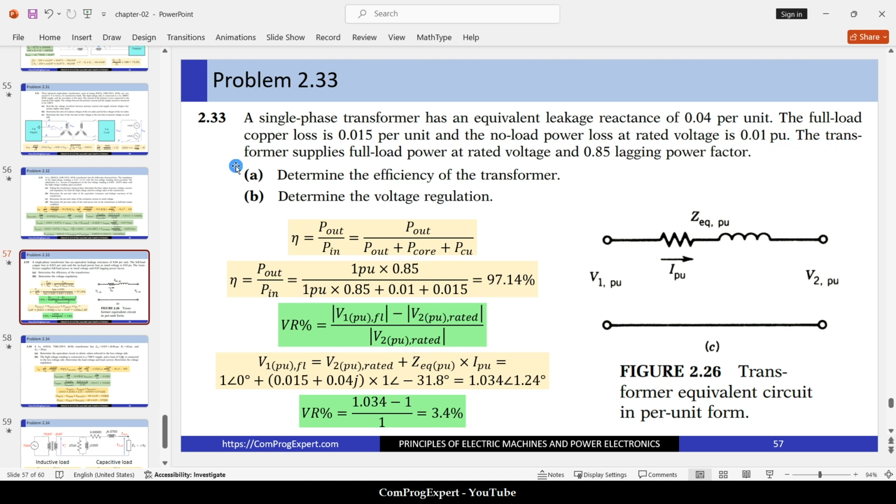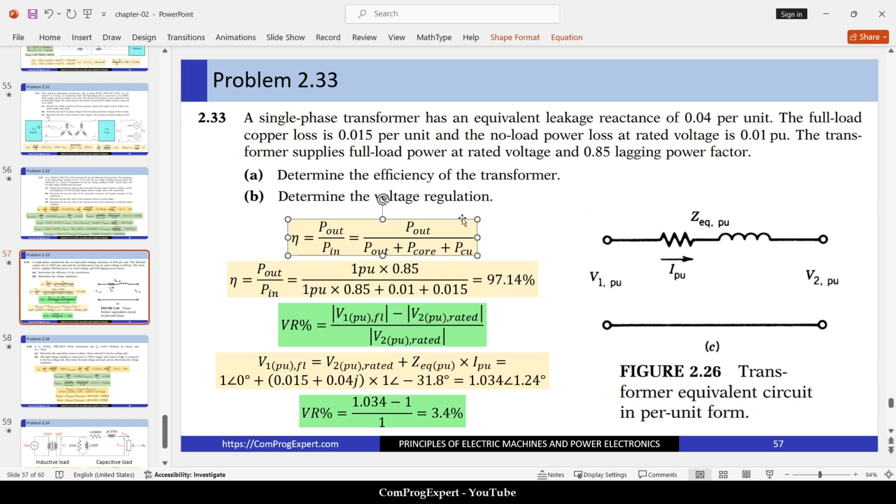The transformer supplies full load power at the rated voltage and 0.85 lagging power factor. A. Determine the efficiency of the transformer. B. Determine the voltage regulation. Here is the model of the transformer that I am going to use for calculation of the voltage regulation.